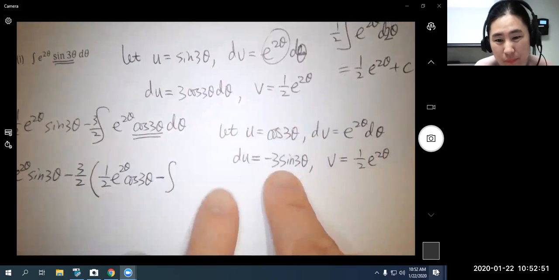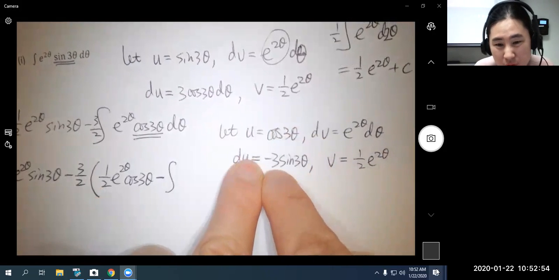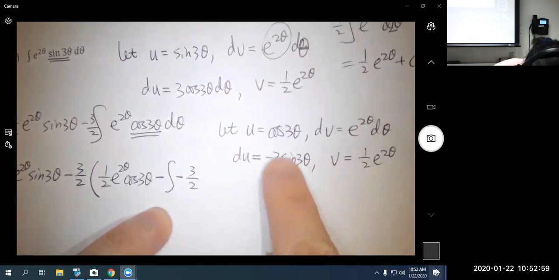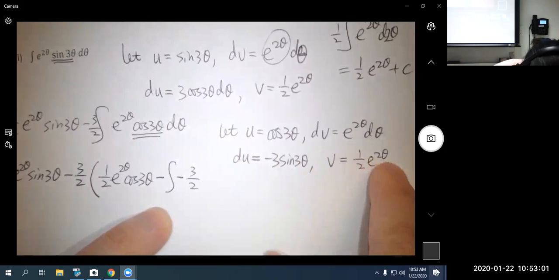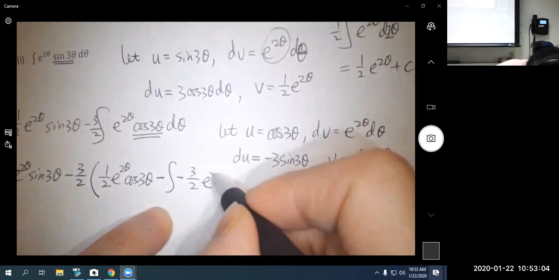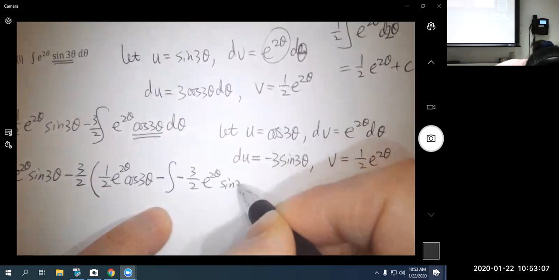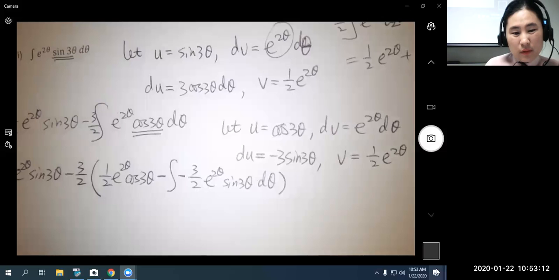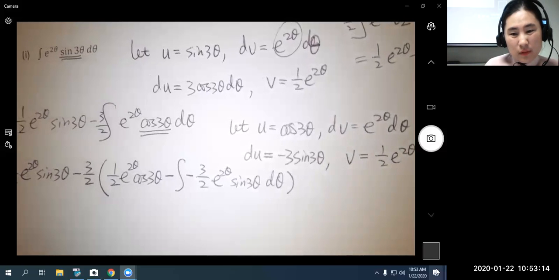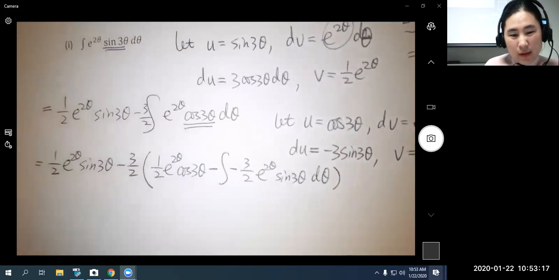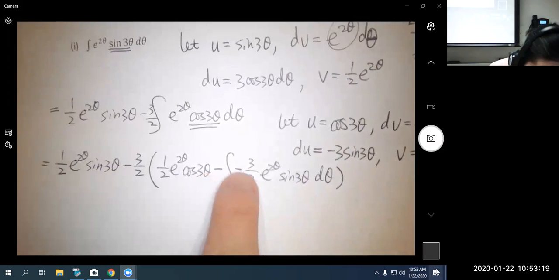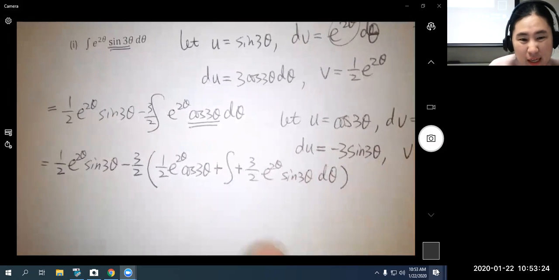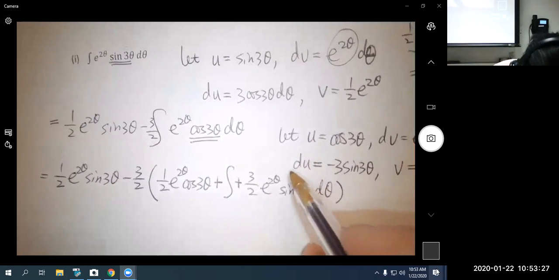So this is -3/2 times e to the 2 theta sin 3 theta d theta. Negative becomes positive, and then this is the integral we love.